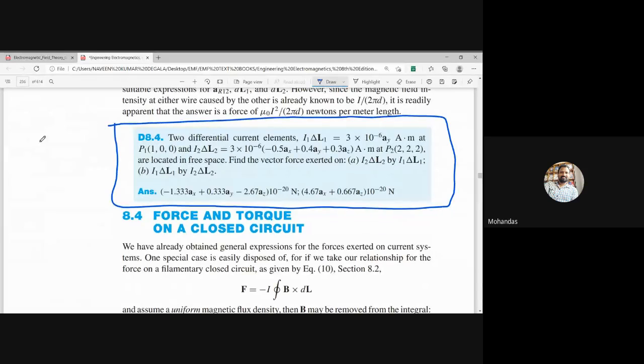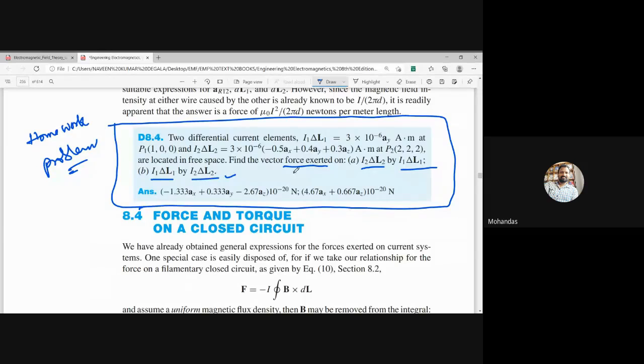Okay. Find the force vector exerted on I2 DL2 by I1 DL1. Second force is the one on I1 DL1 by I2 DL2. He is asking only for a differential force, not a total force. Differential force, d of dF. Okay.